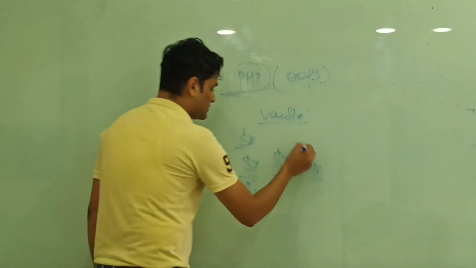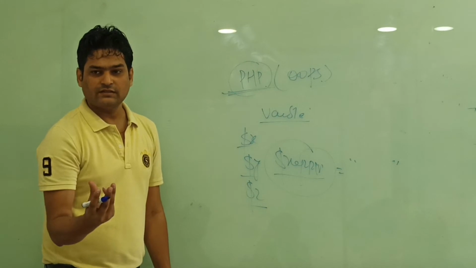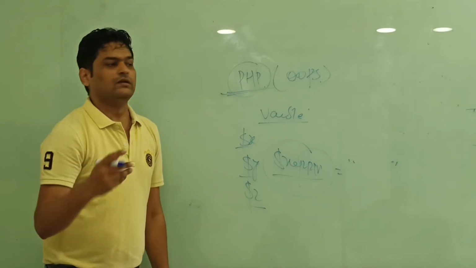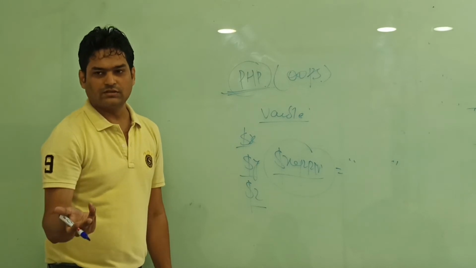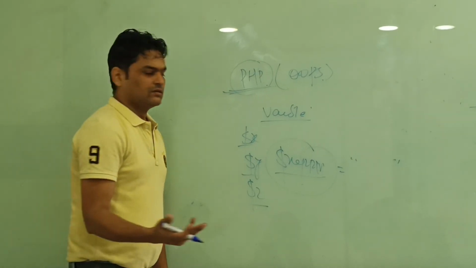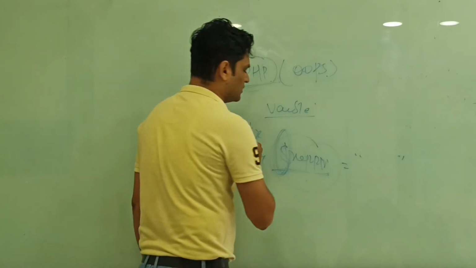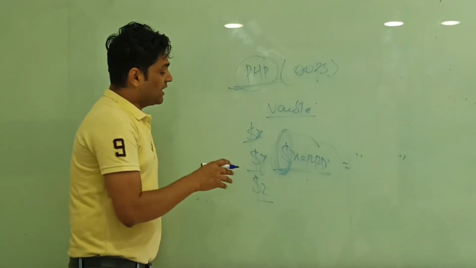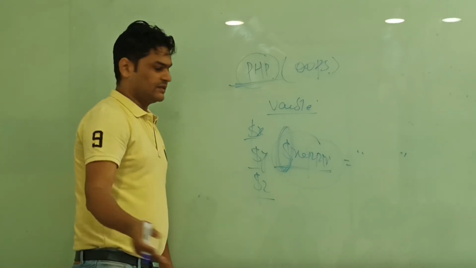And in these variables you can store anything, any string, any number. You can store a float, you can store syntax, anything. You simply must put the dollar sign. And we have multiple kinds of variables in PHP that I will let you know in the next step.